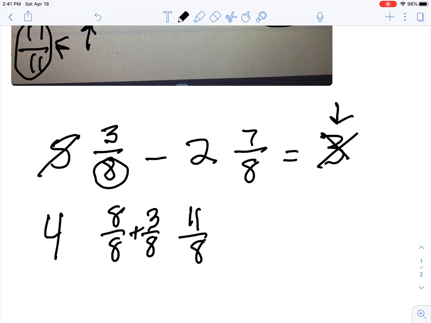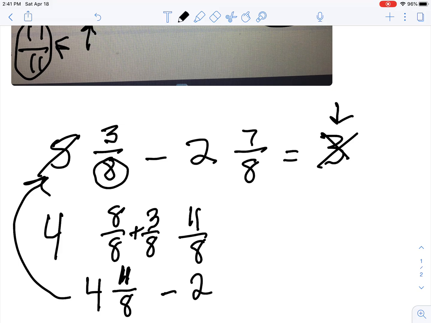So now I get 11/8. Okay? So really, what my problem is now is it's 4 11/8, because 4 11/8 is actually the same as 5 3/8. So it's 4 11/8 minus 2 7/8.